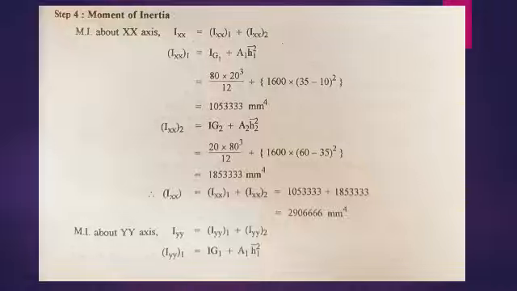The unit for moment of inertia is unit to the power 4. Here the value is given in mm, therefore mm to the power 4. Then considering the moment of inertia for the second component, Ix2 is equal to Ig2 plus A2 h2 bar square. Ig2 is equal to b2 h2 cube divided by 12 plus A2 into h2 bar, where the h2 bar value is y bar minus y2.